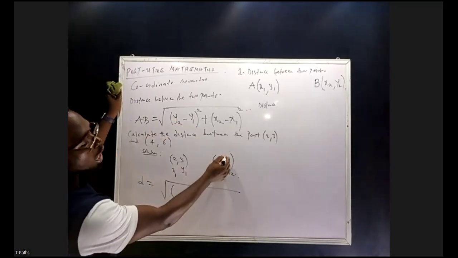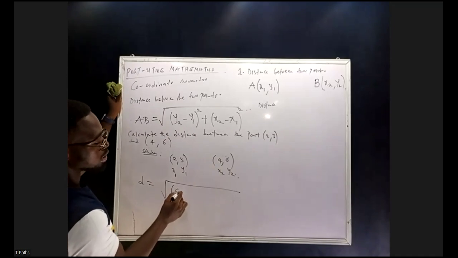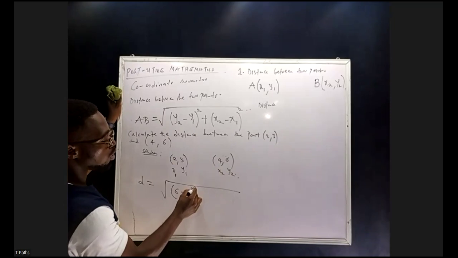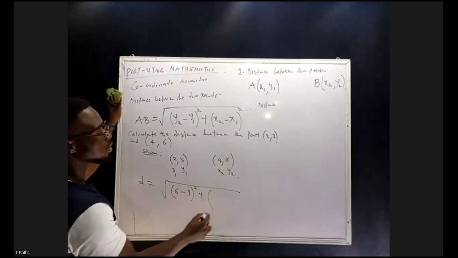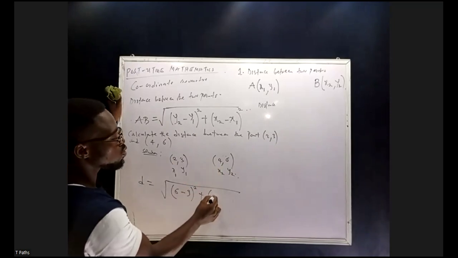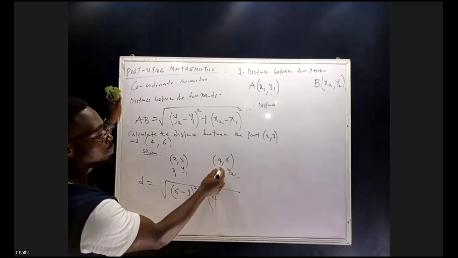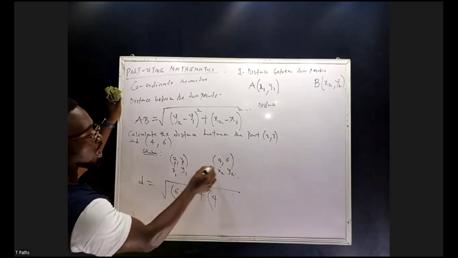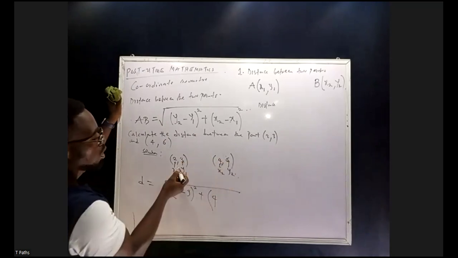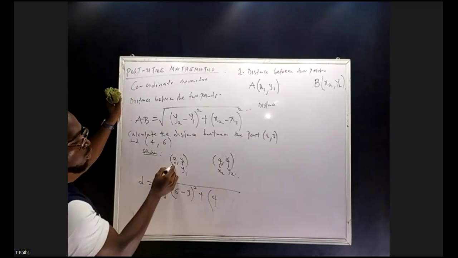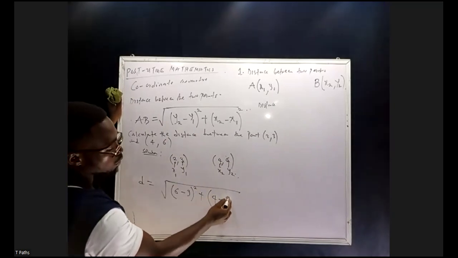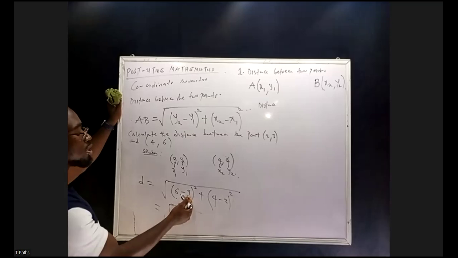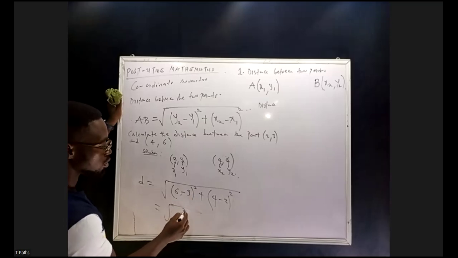What is my Y2? My Y2 is 6 minus, what is my Y1? 3, squared. Plus, what is my X2? 4. What is my X1? 2. Okay? So what do you now have? Plus, what is 6 minus 3? 3 squared.